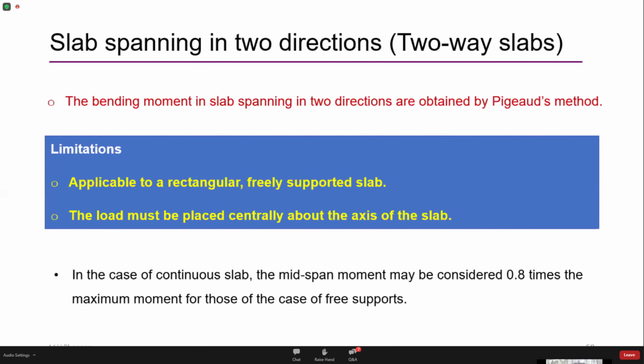In such a situation, it has been found that in case of two-way slabs which are continuous in nature, the span moments can be reduced by 20% from those obtained for freely supported slabs, and the results are satisfactory.